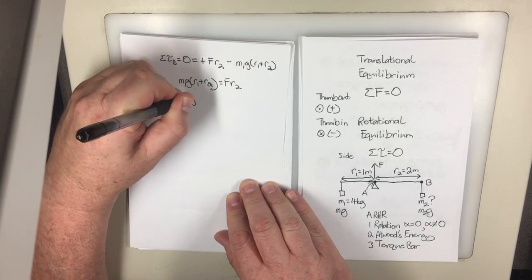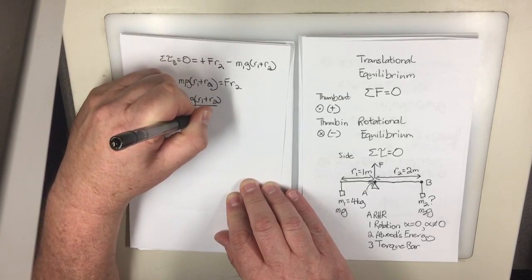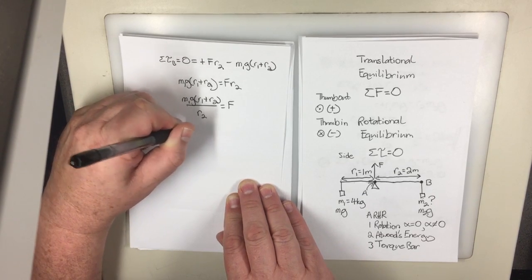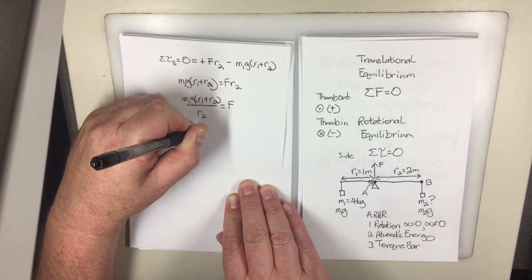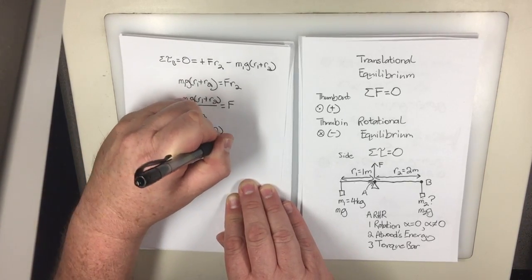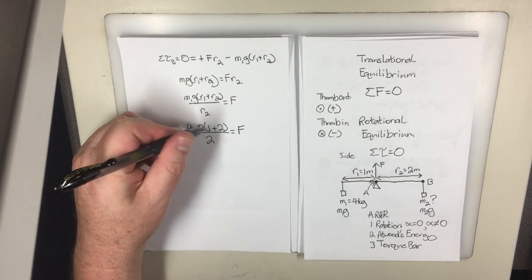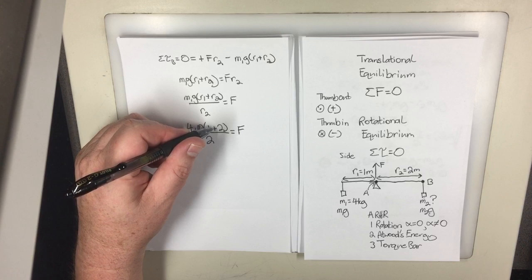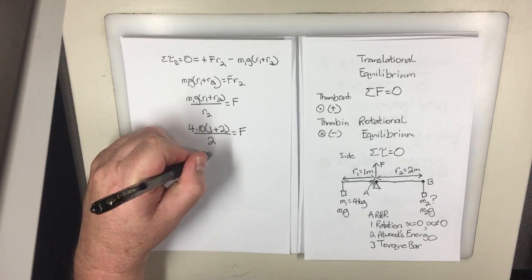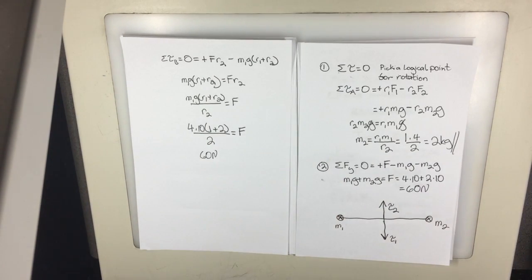So M1 G (R1 plus R2) over R2 is equal to F. So M1 is 4, G is 10, R1 is 1, R2 is 2, over R2, 2, and that is equal to F. 40 times 3 is 120. 120 divided by 2 is 60. And so they match.